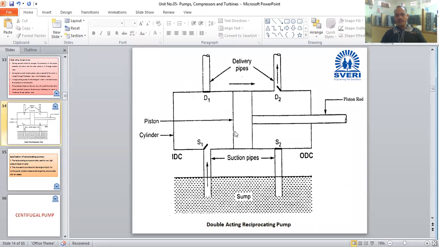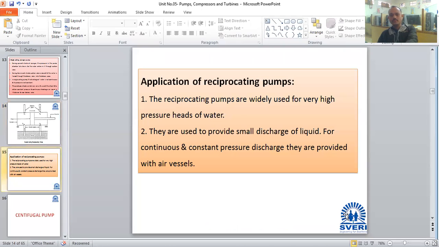So for every stroke, when the piston moves from the inner dead center towards the outer dead center, we get discharge from the delivery pipe D2, and when the piston moves from the outer dead center to the inner dead center, we get discharge from D1. All the other remaining processes are the same as in the single acting reciprocating pump. Get it? Yes, sir.